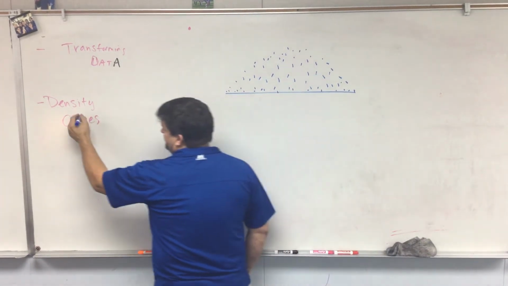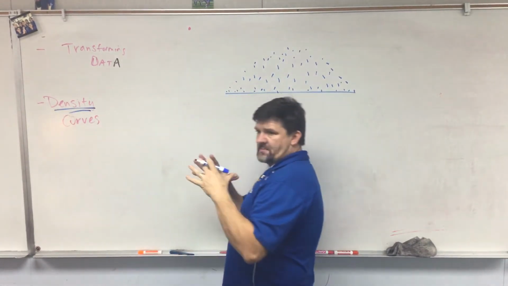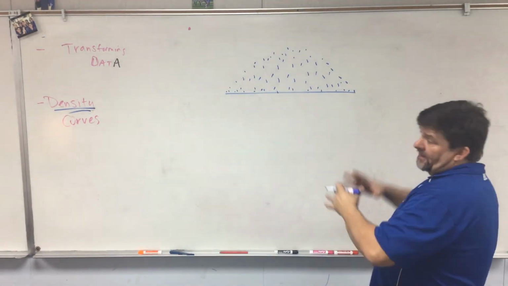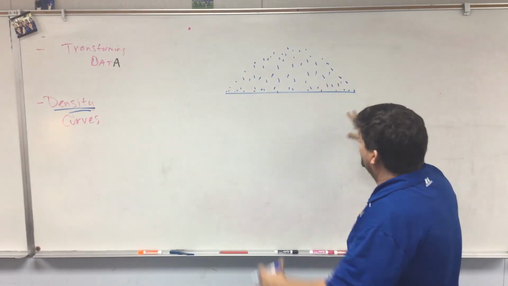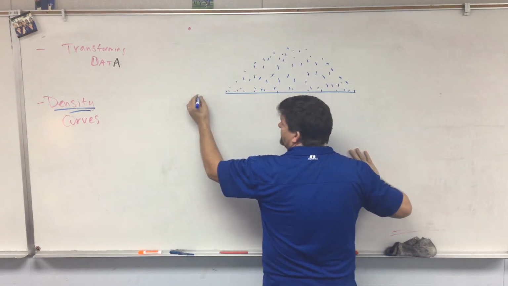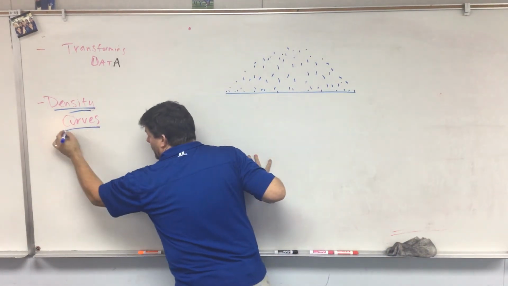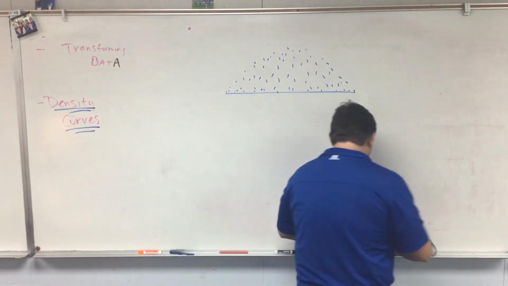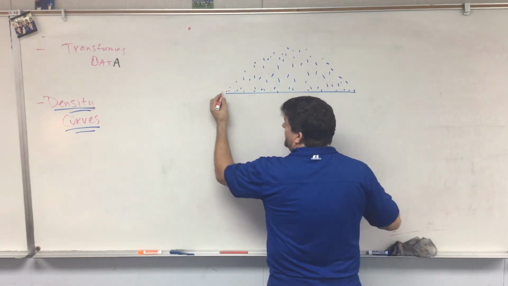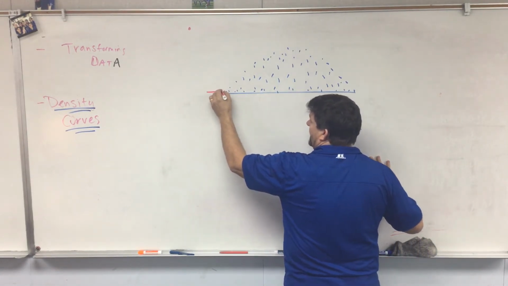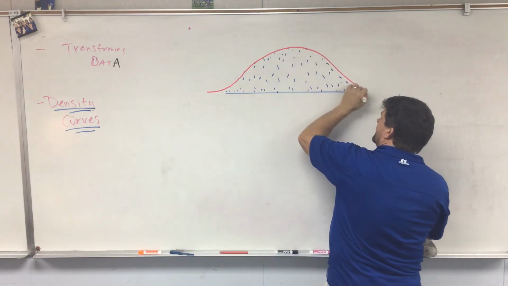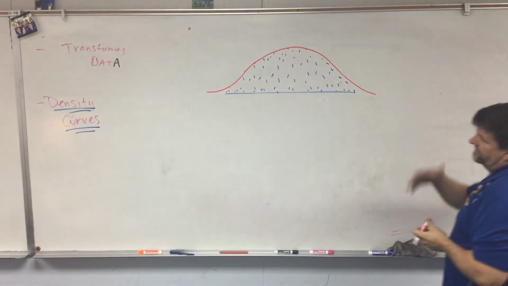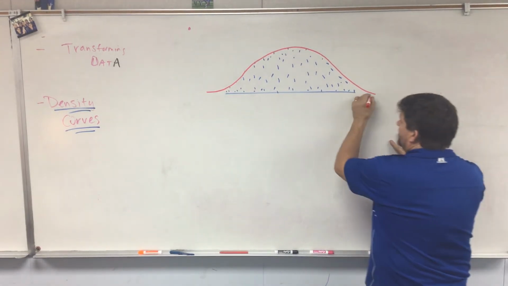The idea of density just means it's all compacted into one spot or it's spread out completely. Let's assume we're compacting all these numbers into a nice curve. So we take the dot plot and we create a smooth curve out of it. That's the idea of a density curve.